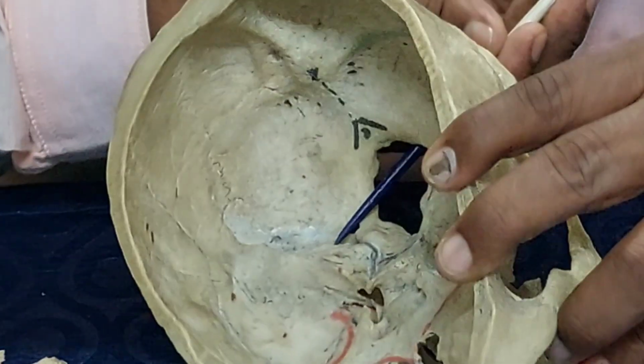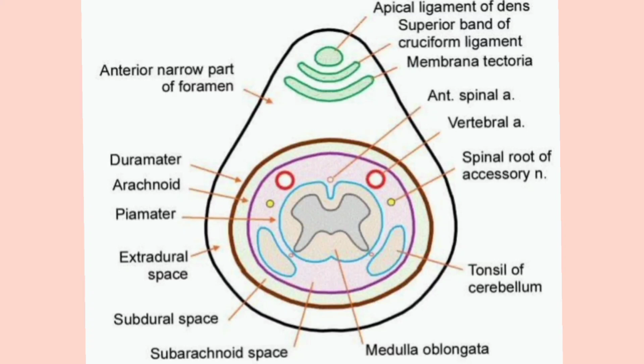Here this is the jugular foramen. Then the posterior spinal arteries, which are two in number, and the anterior spinal artery. So all these are the structures passing through the anterior and posterior compartments of the foramen magnum.